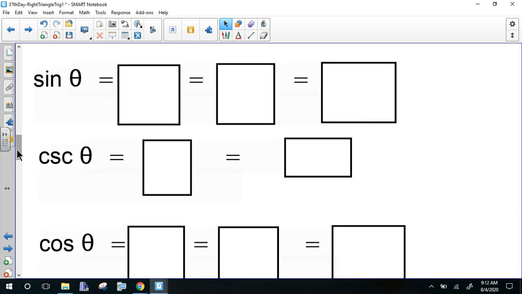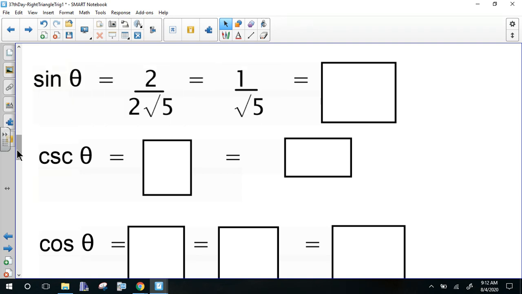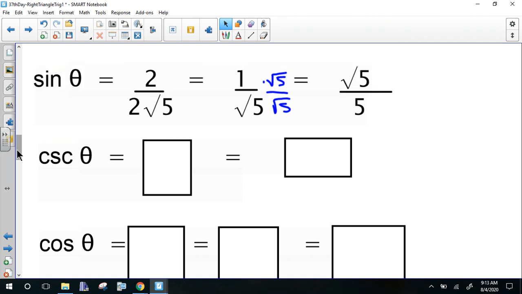Let's figure out the 3 basic trig functions. Sine is opposite over hypotenuse. Opposite was 2, hypotenuse is 2 root 5. If we simplify this, we get 1 over root 5. But remember, we cannot leave a radical in the denominator of a fraction, so we multiply by root 5 over root 5, and we get root 5 over 5.